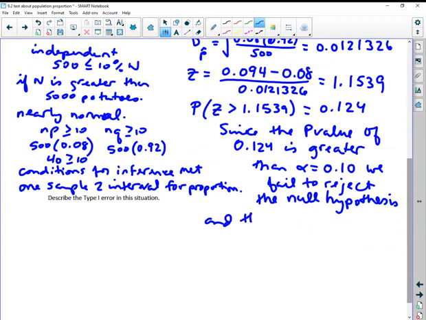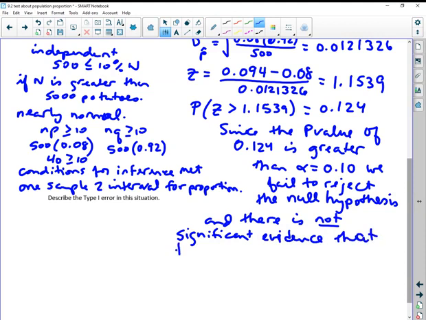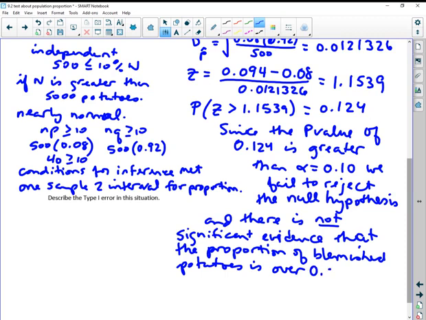And there is not significant evidence that the proportion of blemished potatoes is over 0.08. So we keep the potatoes.